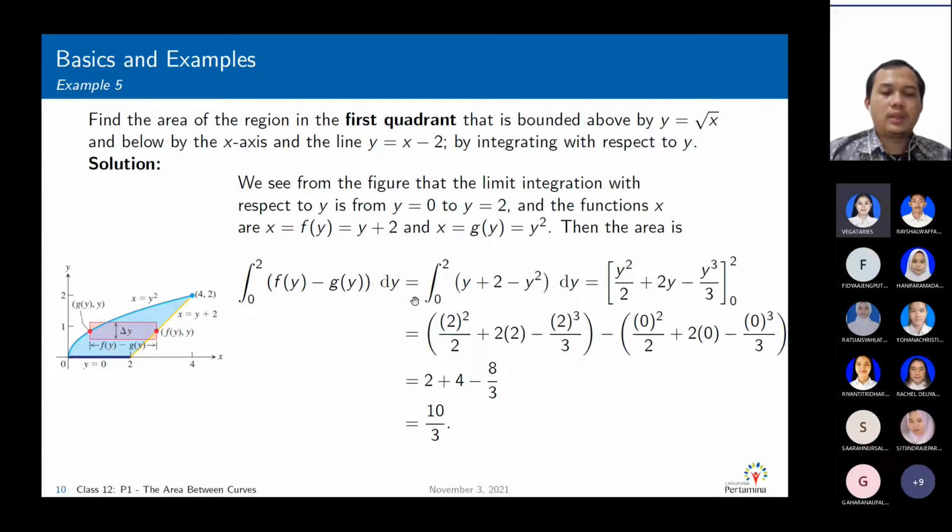But now the limit, since we want to integrate with respect to y, becomes from 0 to 2.